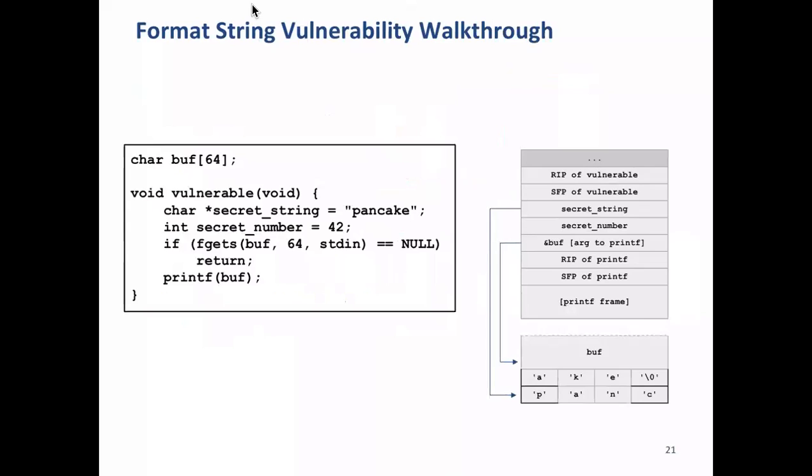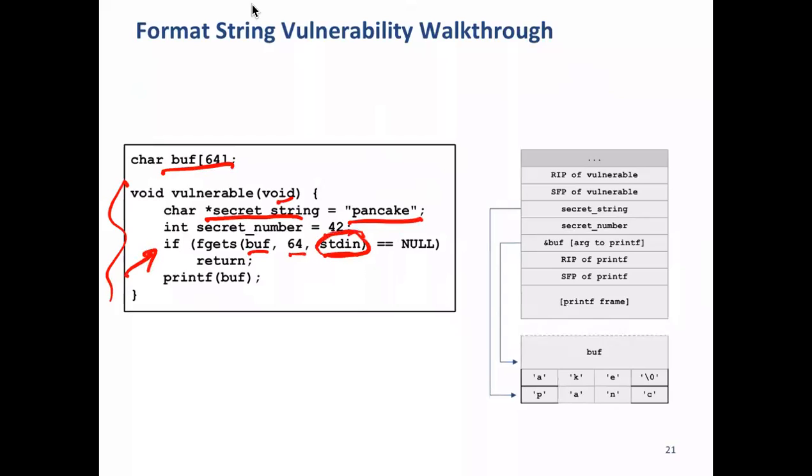which tells what kind of problem you can get exactly based on what we have discussed so far, right? So for example, there's a buffer of 64 byte size, and there's a vulnerable program, and then a string which you define as pancake, and this is the secret string. And then you also define a secret number as 42, and then you do fgets buff 64 stdin.